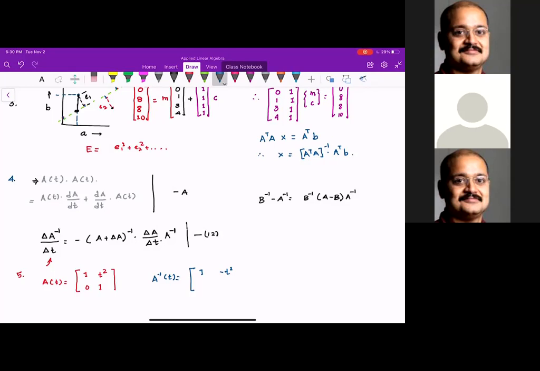There's some issue with Zoom, but we will continue. So you should be able to see my screen.